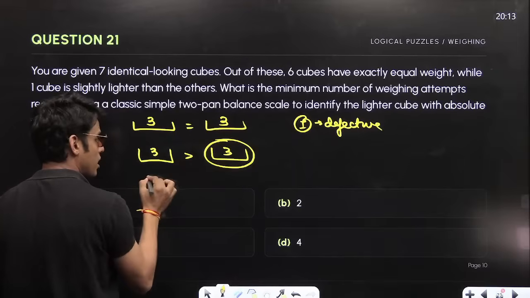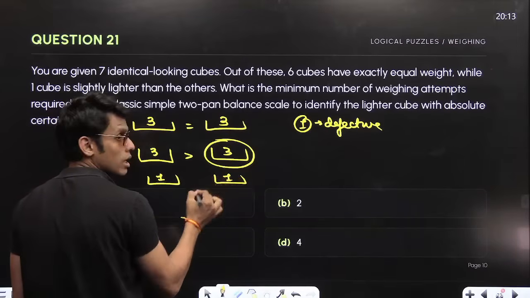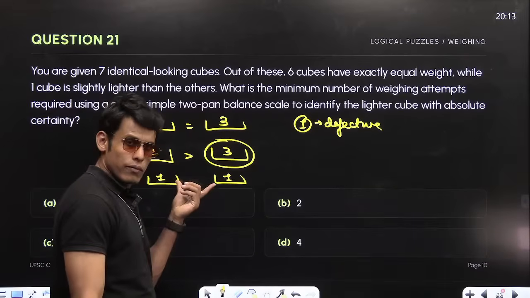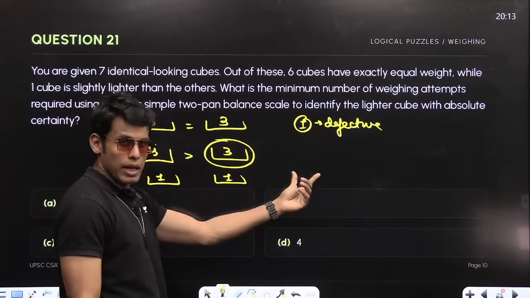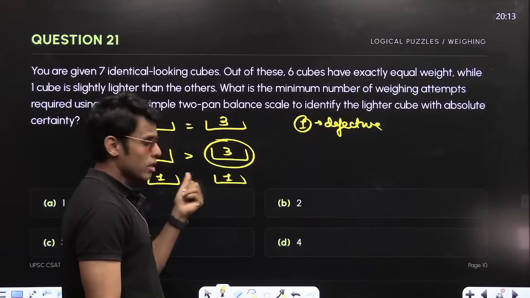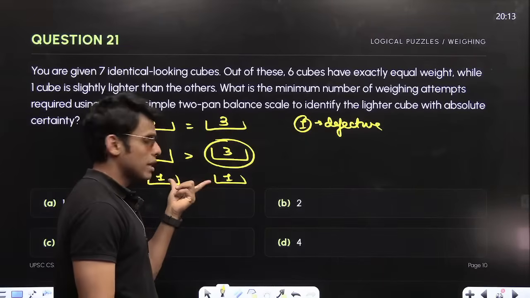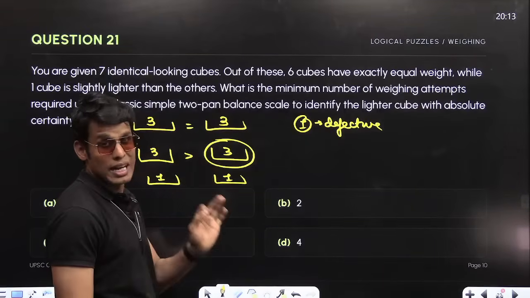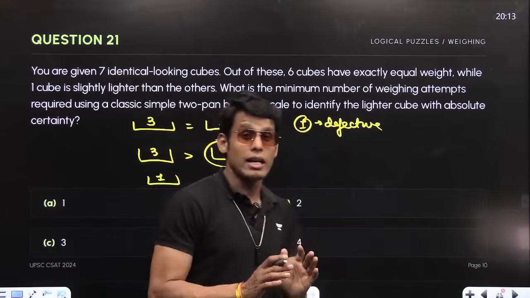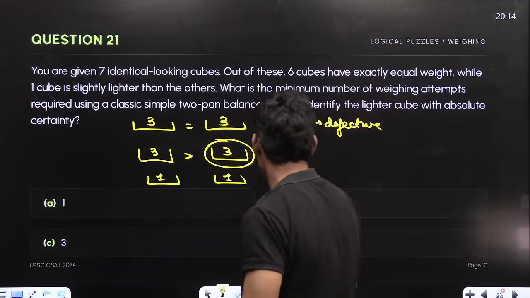So again, you will keep one cube here, one cube here. If this is equal, then the remaining one is lighter and hence defective. If this is heavier, then this is light. So in this attempt, with certainty, you will be able to find which cube is actually defective. So your answer is 2 attempts.